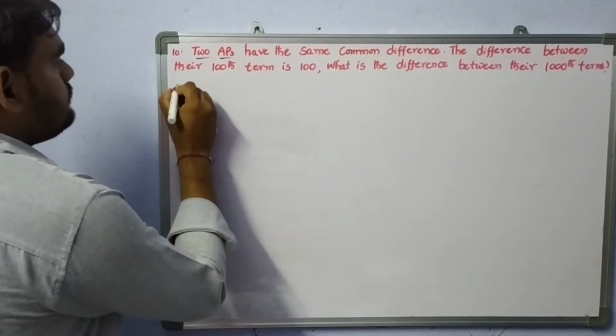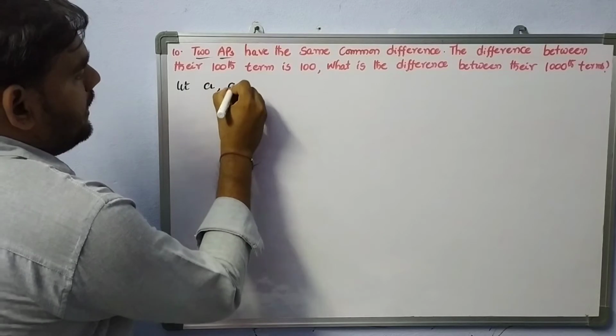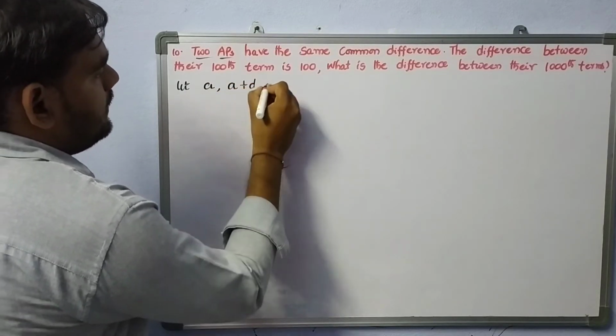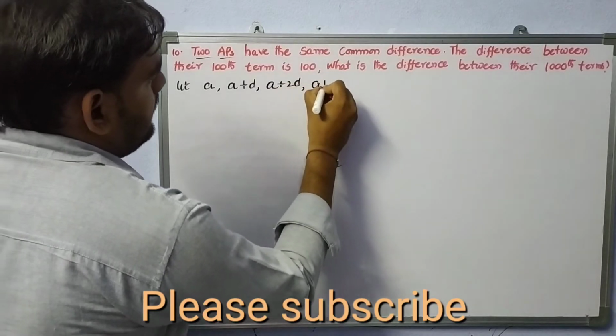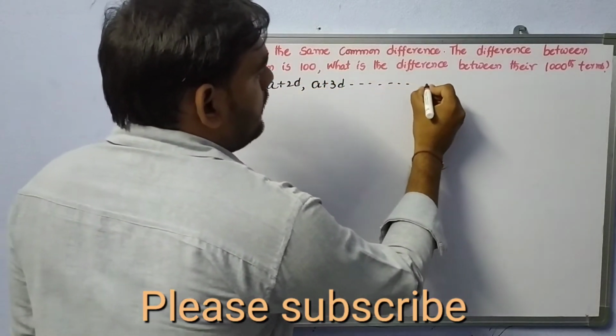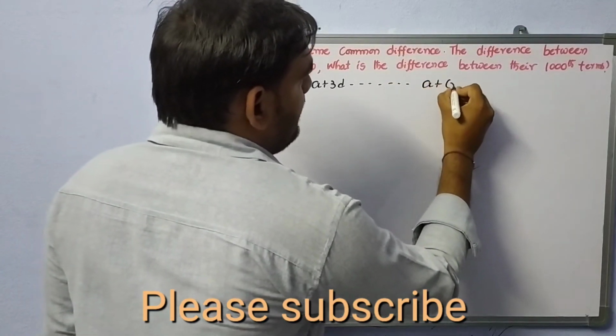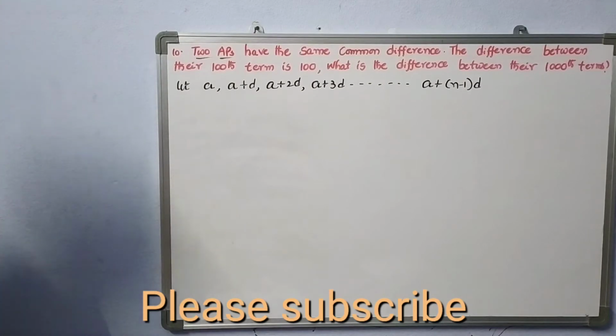See here, let a, a plus d, a plus 2d, a plus 3d and so on, with nth term a plus (n minus 1) into d, be one arithmetic progression.